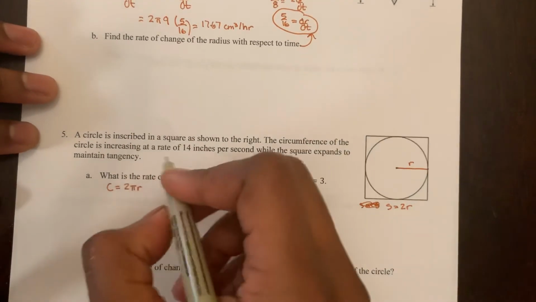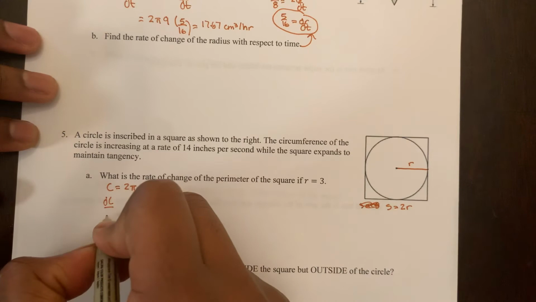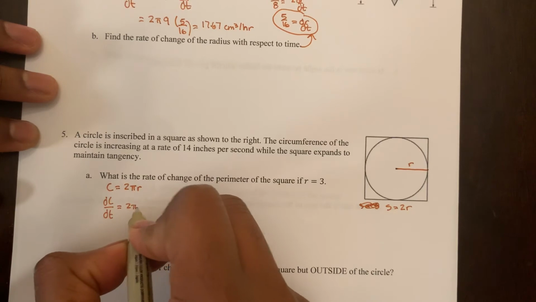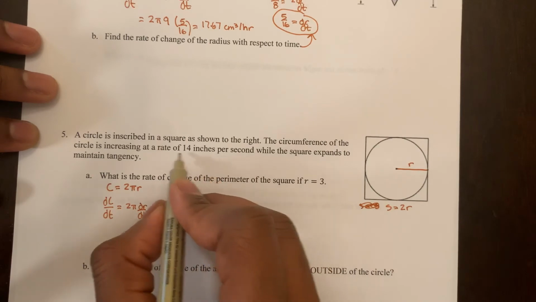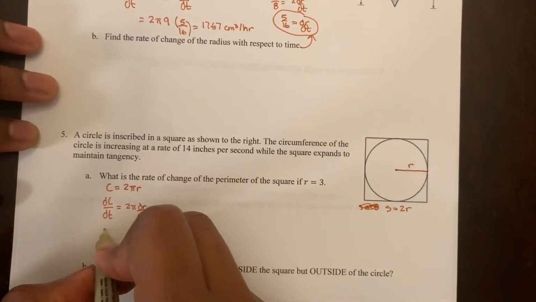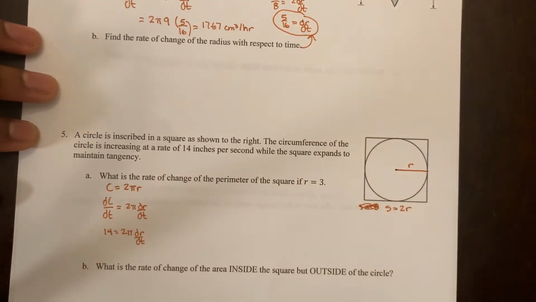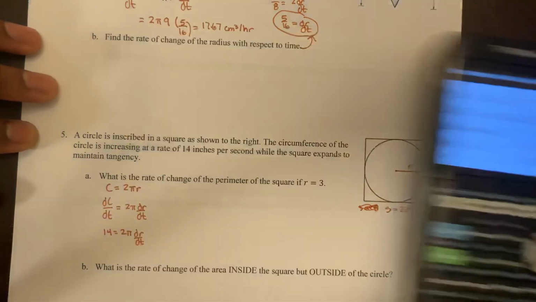So when we take the derivative, we get dc over dt equals 2 pi dr over dt. And since we know the rate of change of the circumference is 14, we have 14 equals 2 pi dr over dt, and 14 divided by 2 pi gives us 2.23.